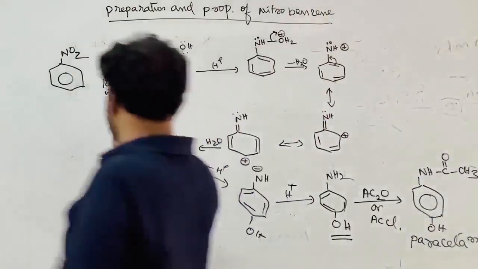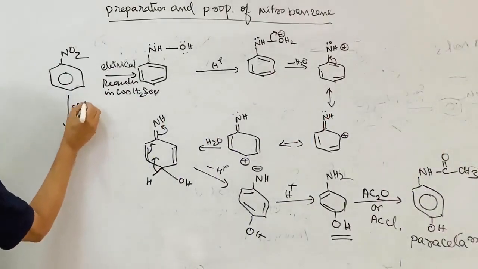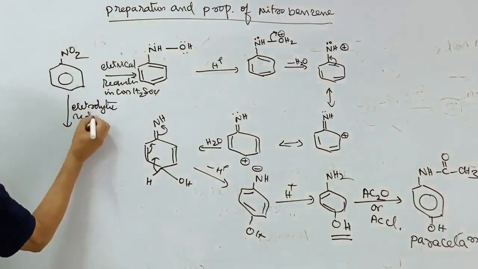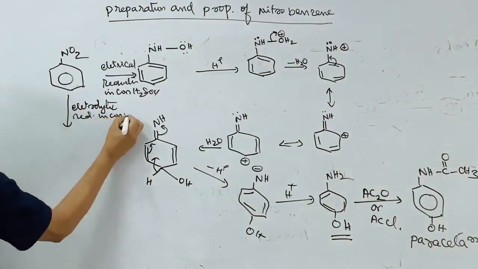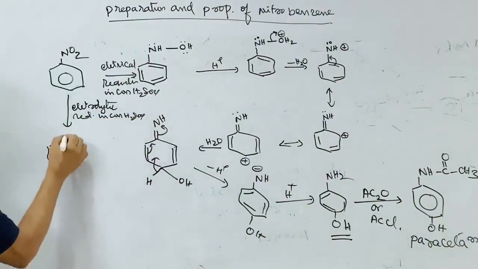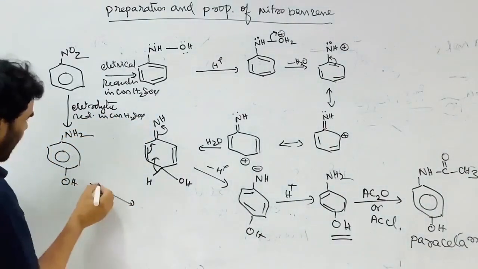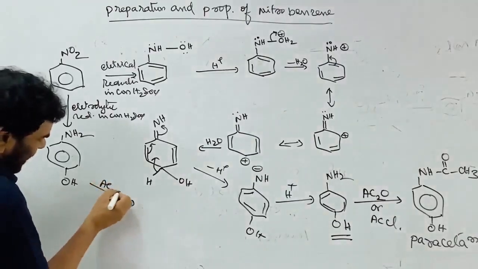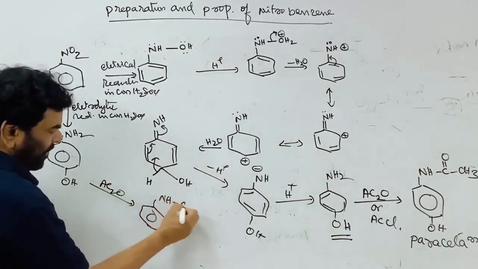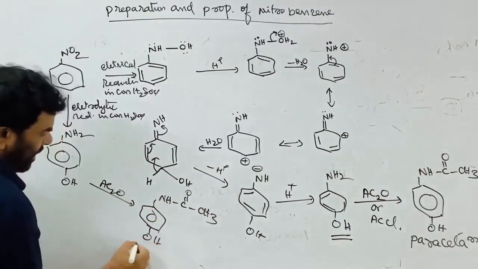Or else, if I write electrolytic reduction in concentrated H2SO4, it gives the aminophenol. This aminophenol on treatment with acetic anhydride gives paracetamol. This is another route for the preparation of paracetamol.